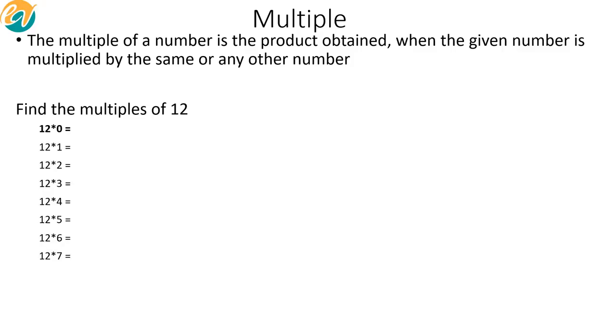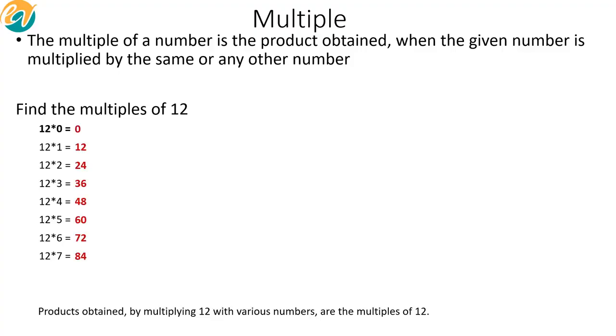Well, this is how you find the multiples of 12. 12 into 0 is 0, 12 into 1 is 12, 12 into 2 is 24, then 36, 48, 60, and so on.